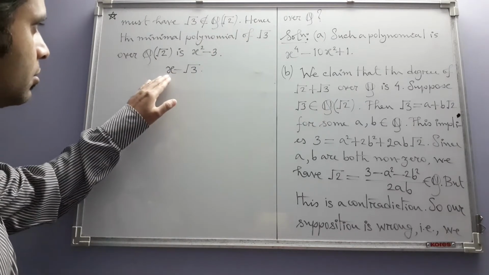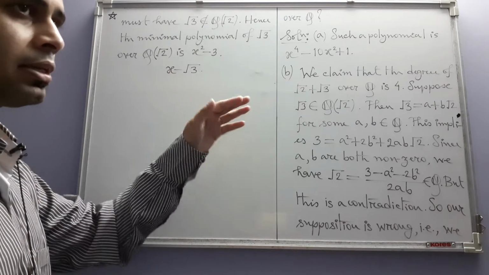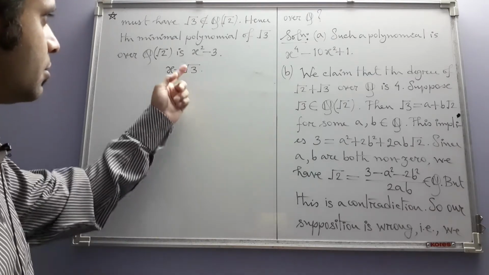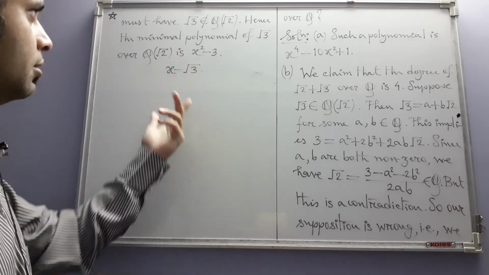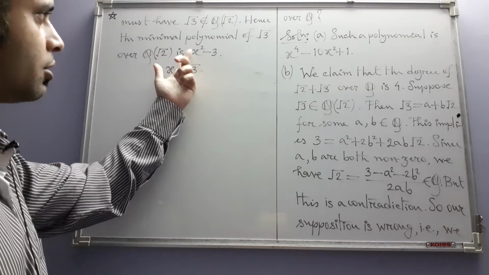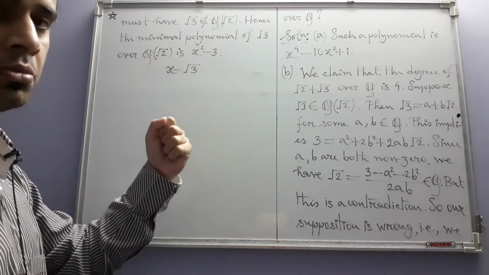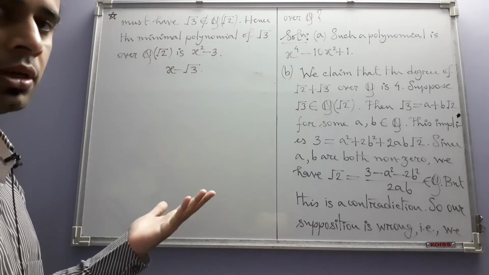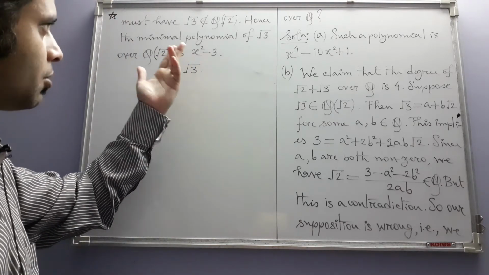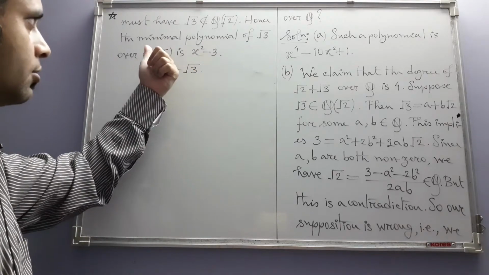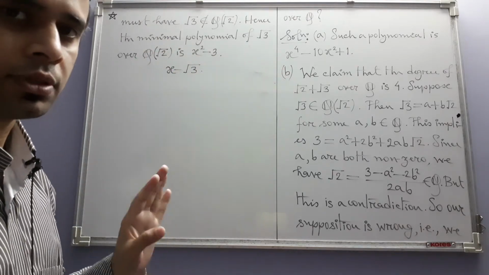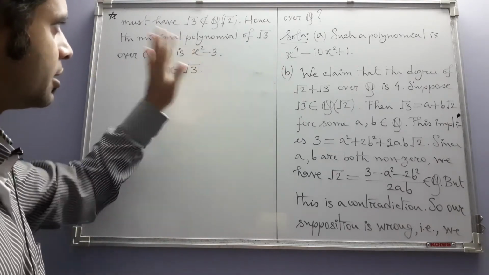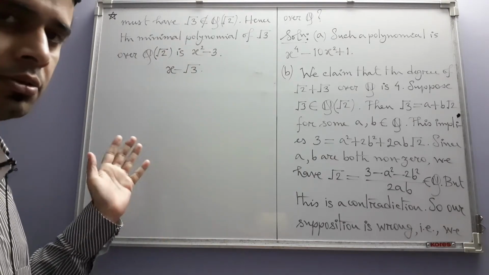So the minimal polynomial cannot have degree 1. So the minimum possible degree is 2, and because we are considering monic polynomials, this is in fact the unique monic polynomial of least possible degree over Q(root 2) that is satisfied by square root of 3. That is why it's the minimal polynomial of root 3 over Q(root 2).